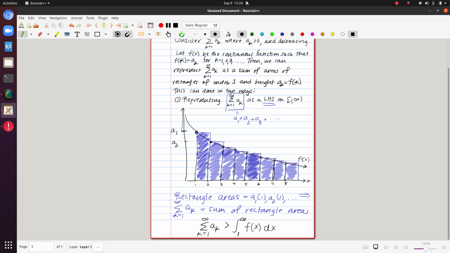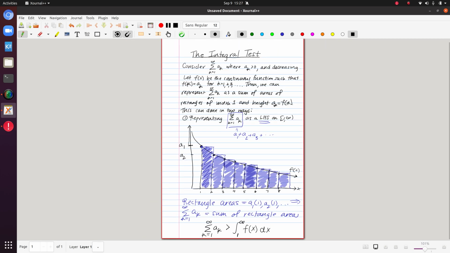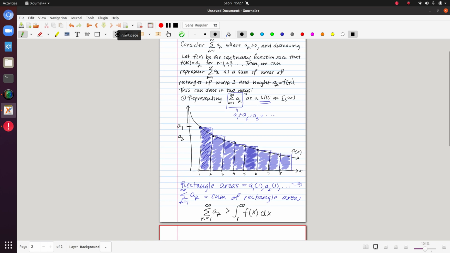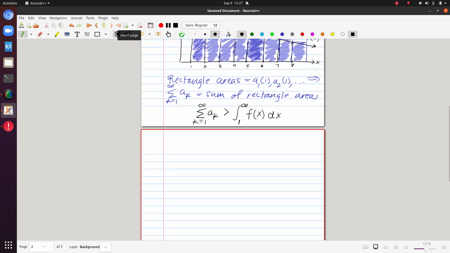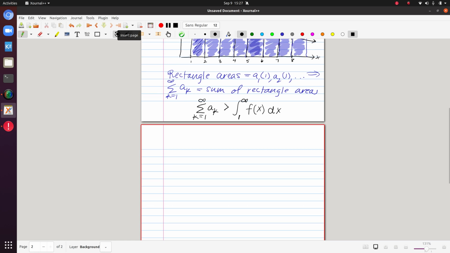Now, keep in mind that's not the only way to represent this summation. So I want to go back and look at a second way we could do this, and we'll see a different relationship. Again, same function and really the same picture.